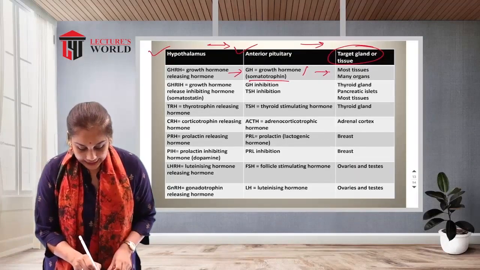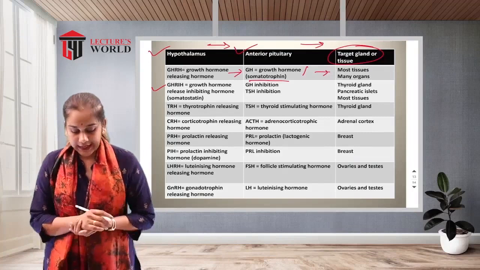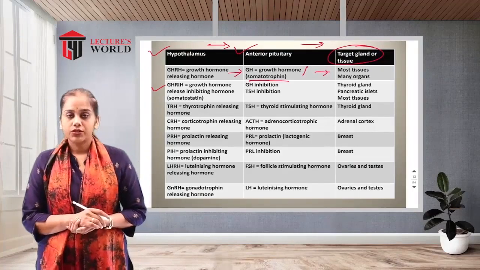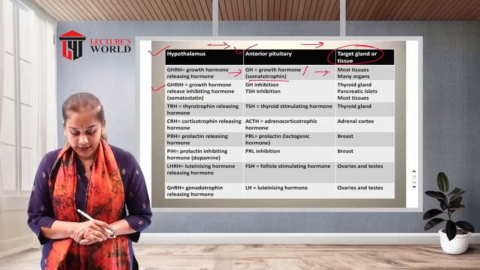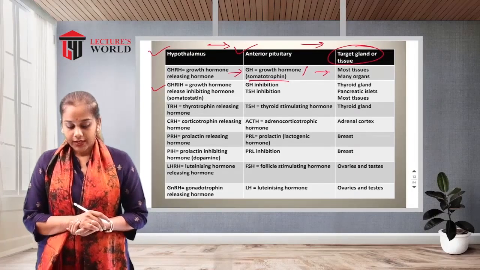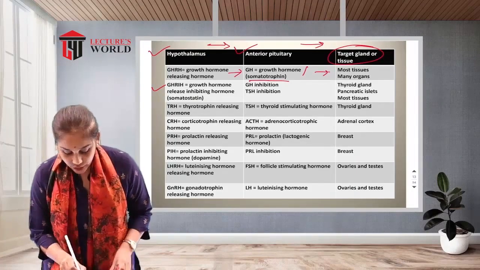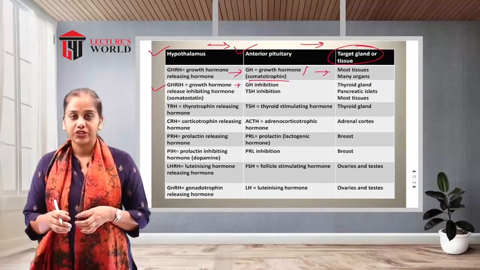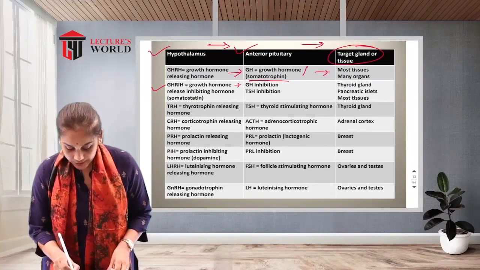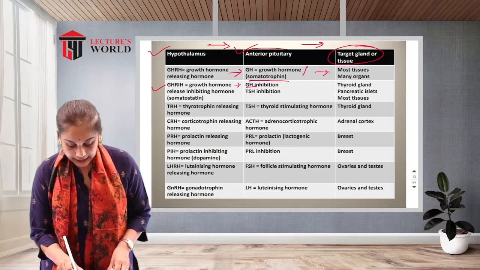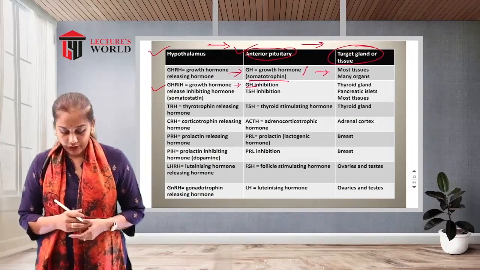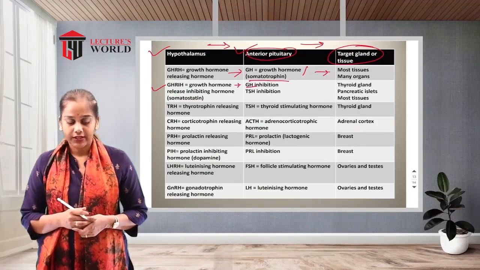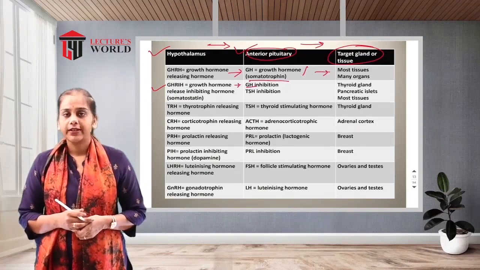Then the second hormone is growth hormone releasing inhibiting hormone, GHRIH. Okay, another name of GHRIH is somatostatin. It causes growth hormone inhibition. Okay, so it stops the growth hormone in the anterior pituitary gland, and it is also helpful for TSH inhibition, thyroid stimulating hormone inhibition.